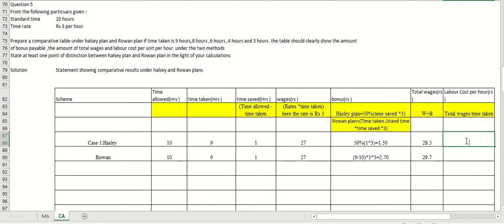So your total wages is 28.50 divided by your time taken, which is 9, which is equal to 3.17.